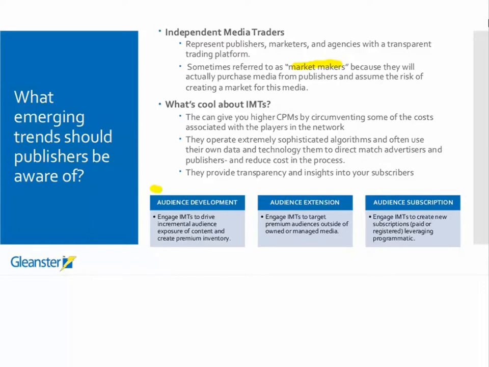Sure, you bet, Ian. This is, for us, a very exciting opportunity to be a change agent. Essentially what's happening here is that you have the independent media trader that, on behalf of the publisher, can help to build an audience. It could be that you're buying programmatically in order to drive specific audiences.